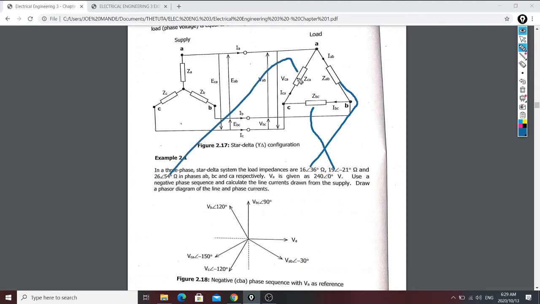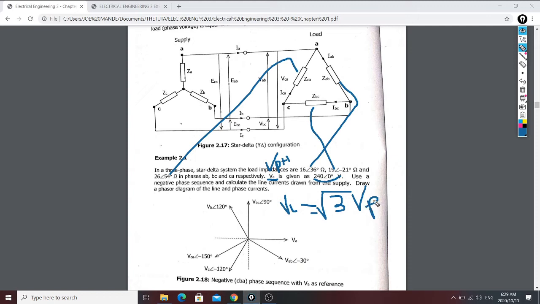Then you can see that the given voltage was VA as a reference, and this VA is a phase voltage. So we were given a phase voltage, but we know that with a delta load we need a line voltage. So what happened? We know that the relationship between a line and a phase is √3 of that given phase.